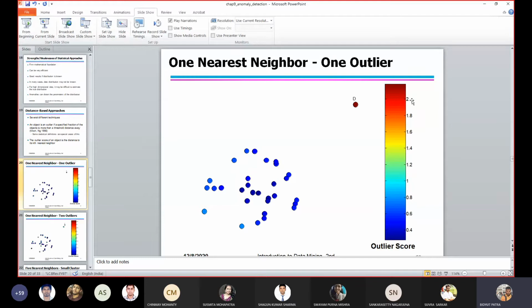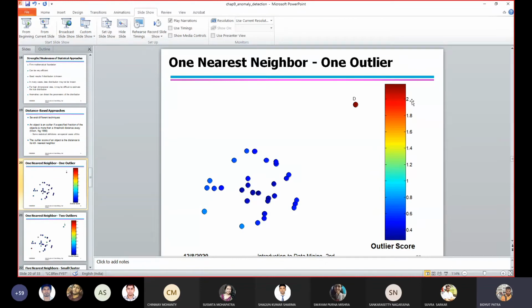Ordered from highest to lowest. For this point, this may be the closest point, and this distance is, let's say, 2 units. Similarly for this point, maybe the closest point distance will be 0.4. These are considered the outlier scores.